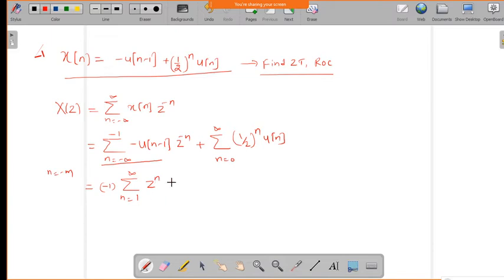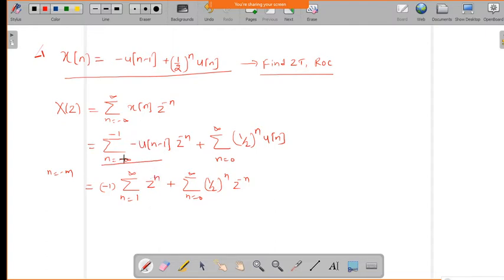Plus n equal to 0 to infinity half power n into u of n. So u of n we already know is 1 for 0 to infinity, into z power minus n.